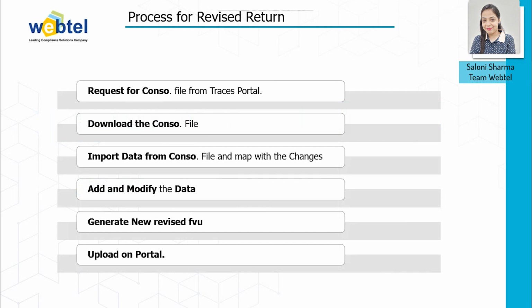In the consolidated file, you can add or modify any deductee details or any other details. After making all the changes in the consolidated file, you need to generate a new revised FVU file. After that, you can upload the FVU file on the government portal. So this is the process of filing a revised return.